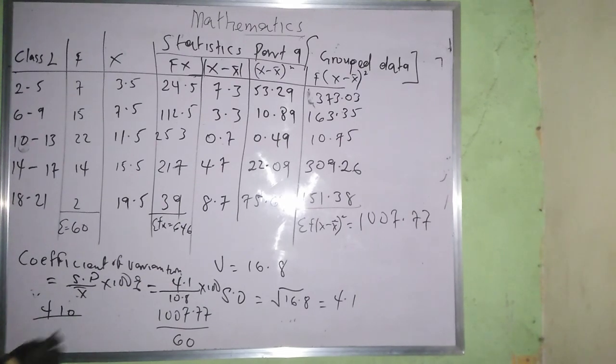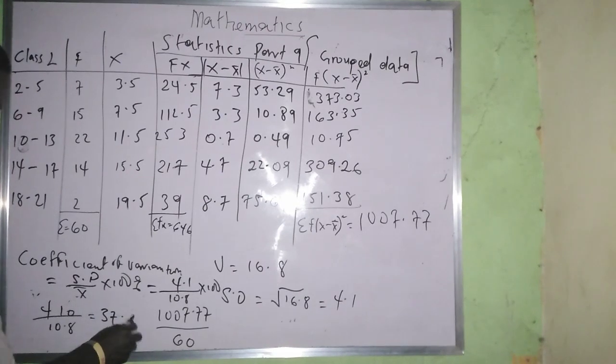Having 410 divided by 10.8, it will be 37.96.